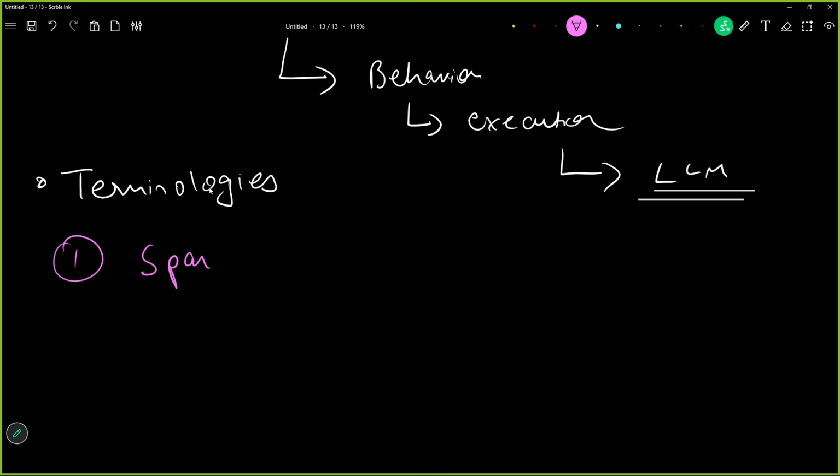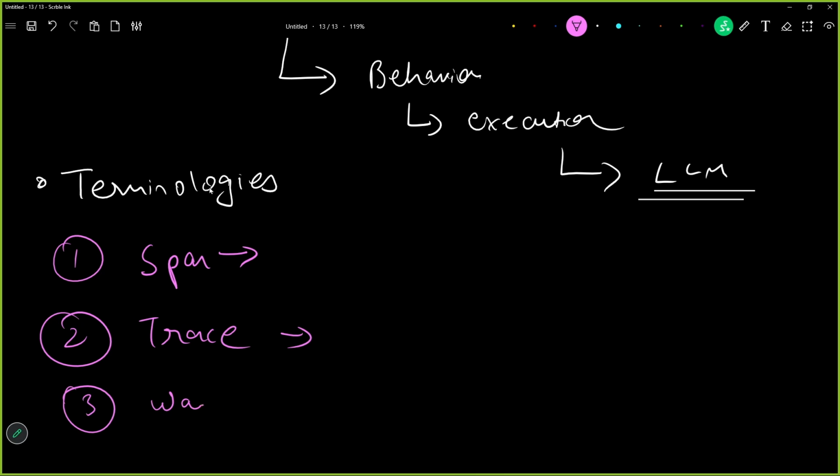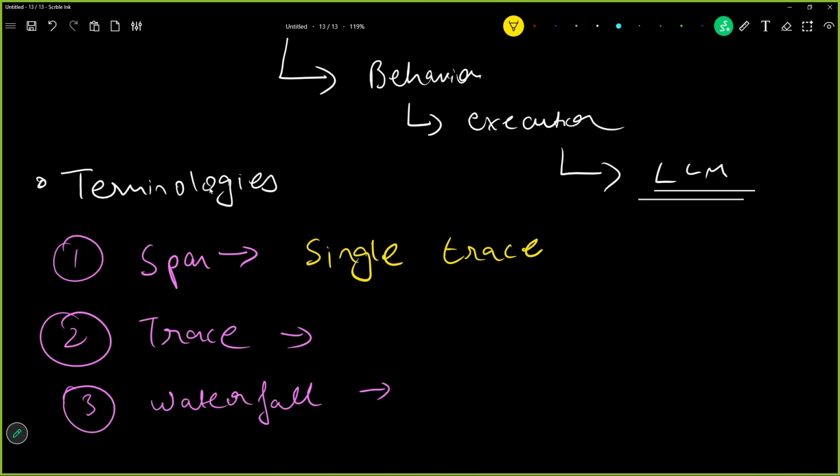One is called a span. Second one is called a trace. And third one is called a waterfall. All right, these are three different things which we want to understand. Span is a single trace of the behavior, single trace.